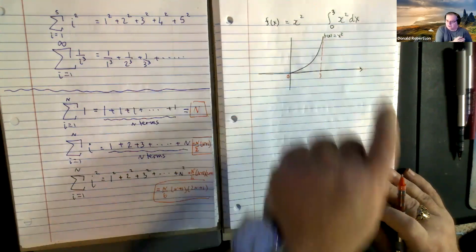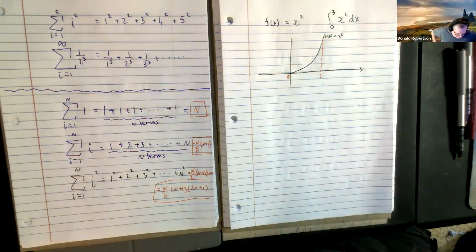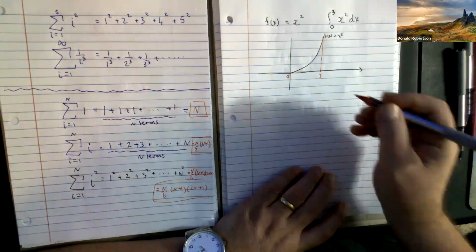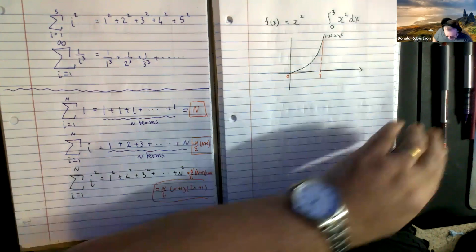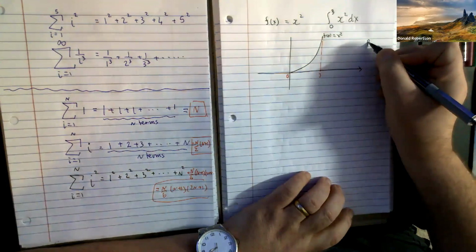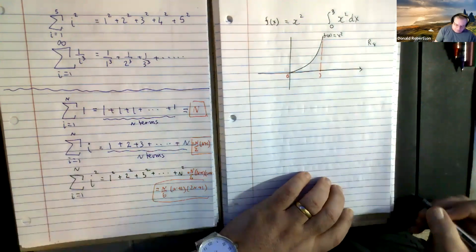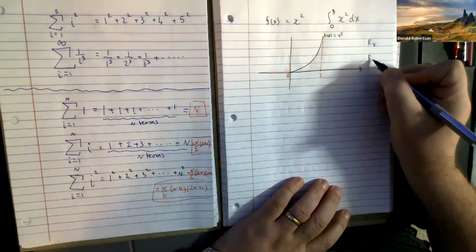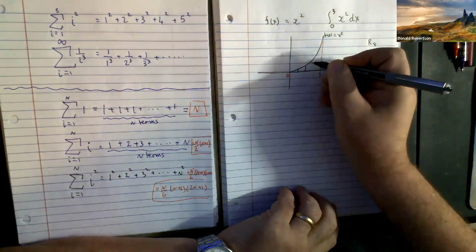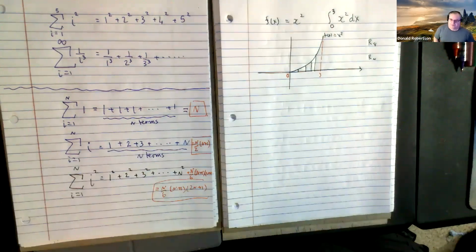This base here is quite clearly positive, but that's not a big issue, even if it wasn't. Now, we approach the question as if we were going to do R8 or R10. We're just going to do Rn. So that means we would split this into n strips.